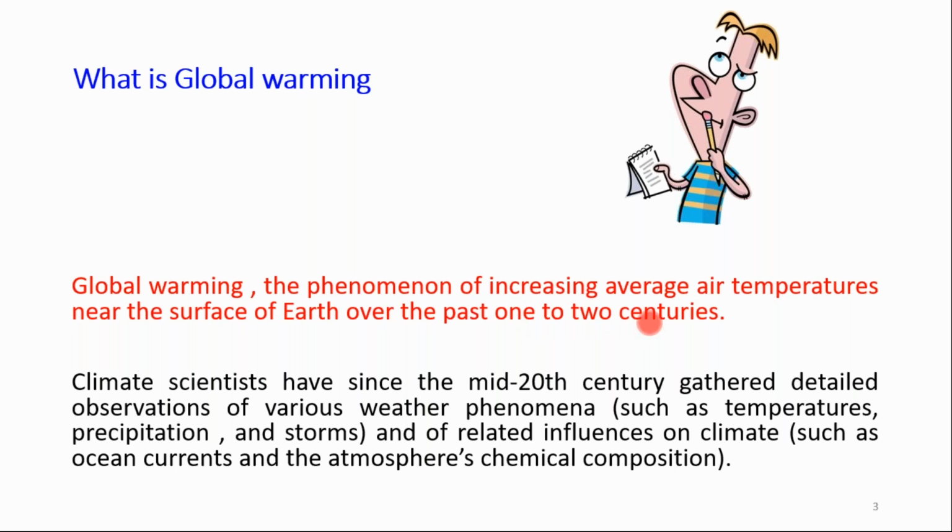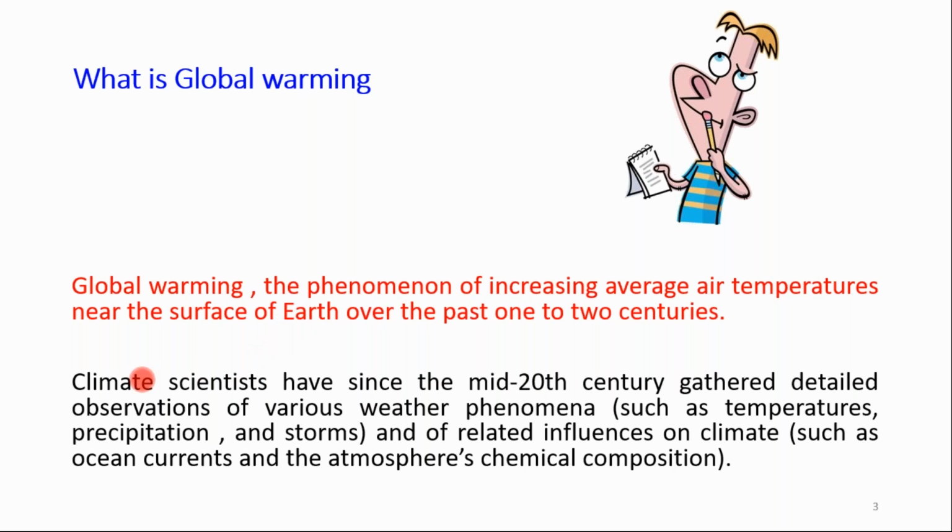In a simple manner, it is the increase in air temperatures near the surface of the earth. So whatever temperatures we observed in previous decades or centuries, those temperatures have been increasing in the past decades and in 2 centuries. So this phenomenon is called global warming.